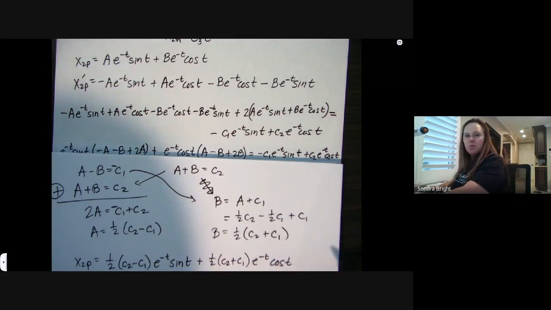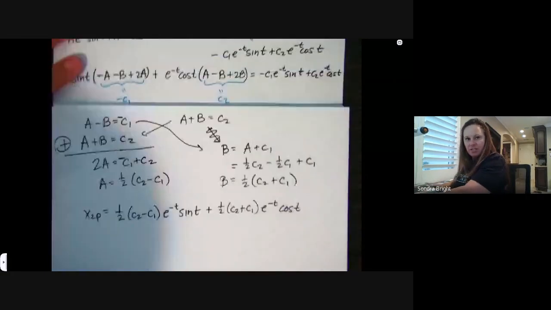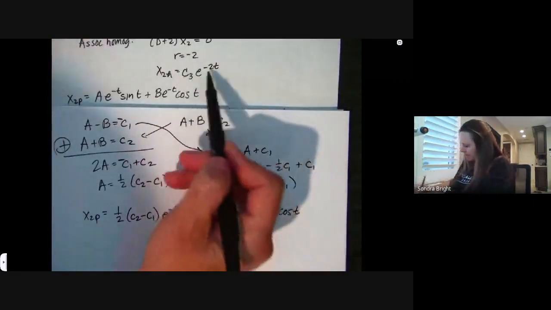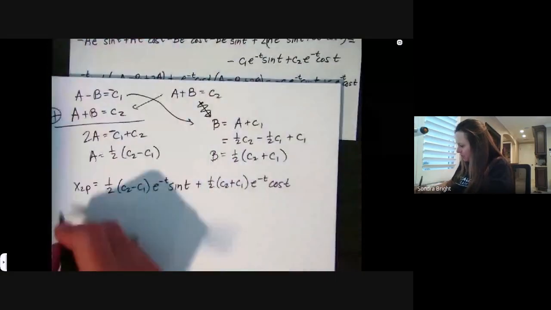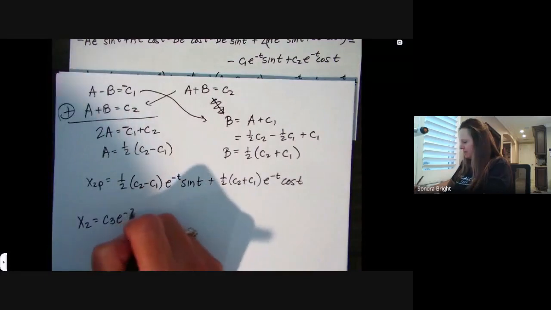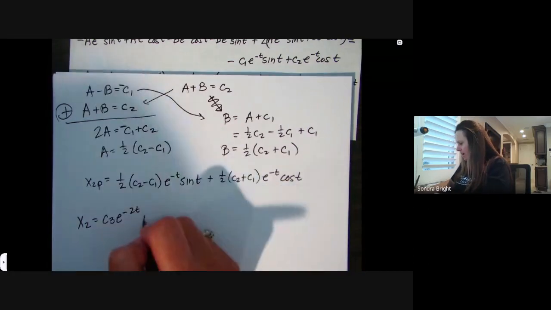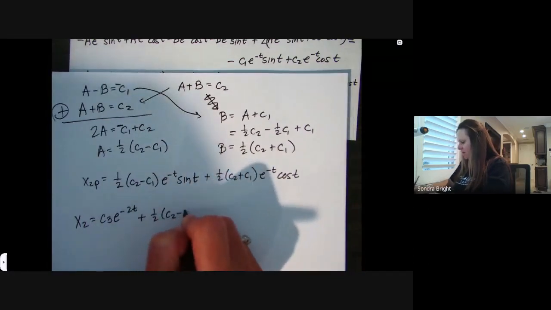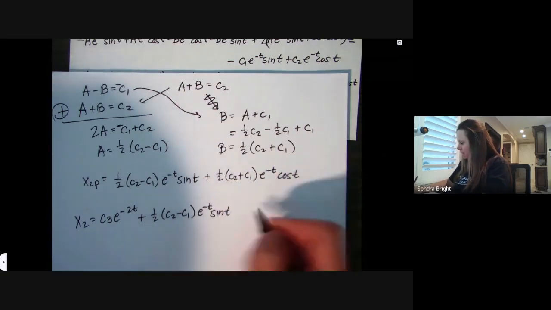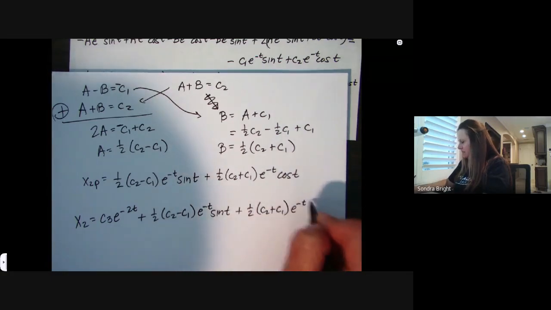And now we can write x2. Just don't forget the homogeneous part. The homogeneous part was up here, c3 up there. So here we go. x2 is, the homogeneous part was c3 e to the negative 2t. And then the particular part is this whole mess. All right, plus 1/2 c2 minus c1 e to the negative t sine of t plus 1/2 c2 plus c1 e to the negative t cosine of t.